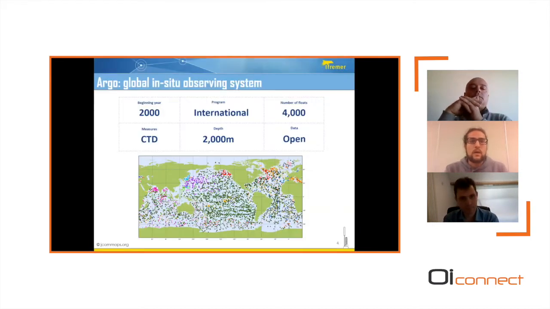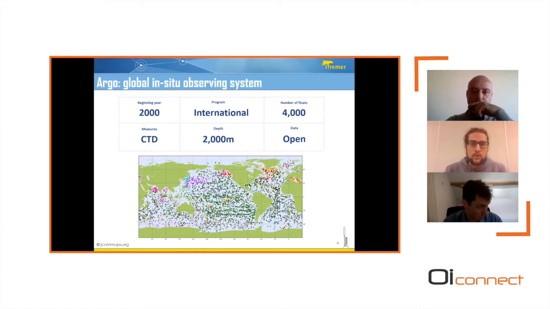So Argo is a global in-situ observation system designed to record CTD profiles during ascent of a profiling float. The project is mainly used for climate change research, oceanic mass mechanism, as well as interaction between sea and atmosphere.